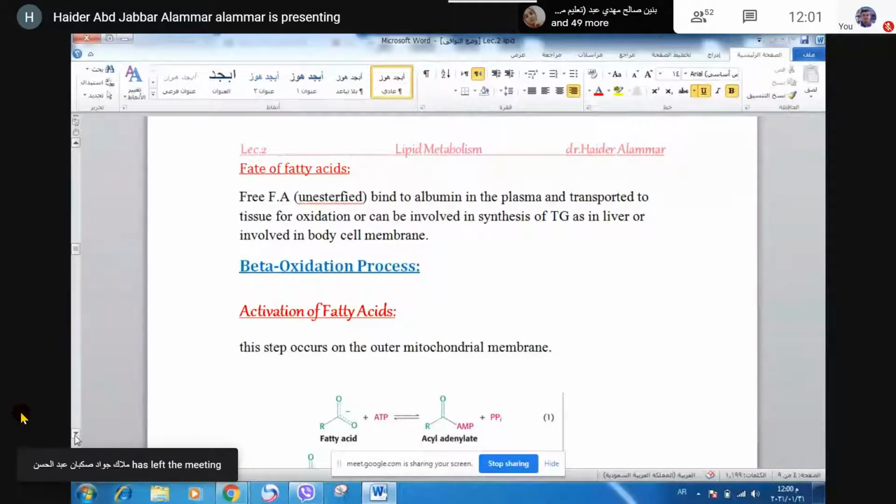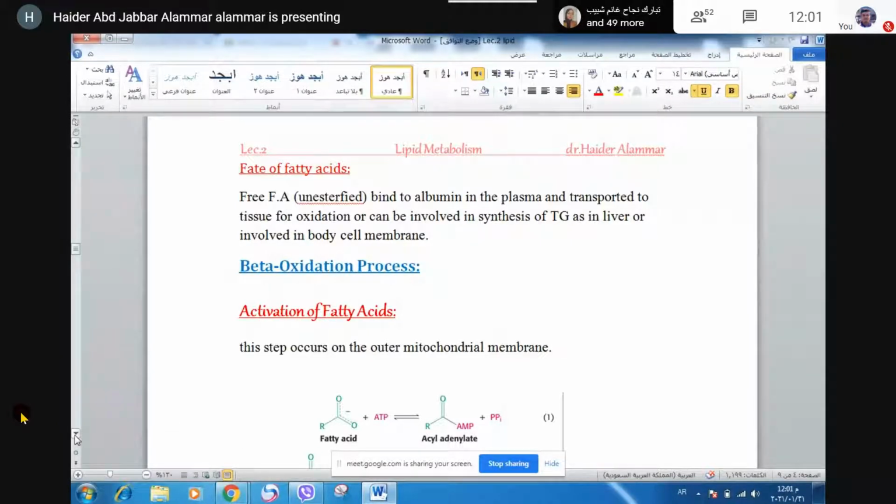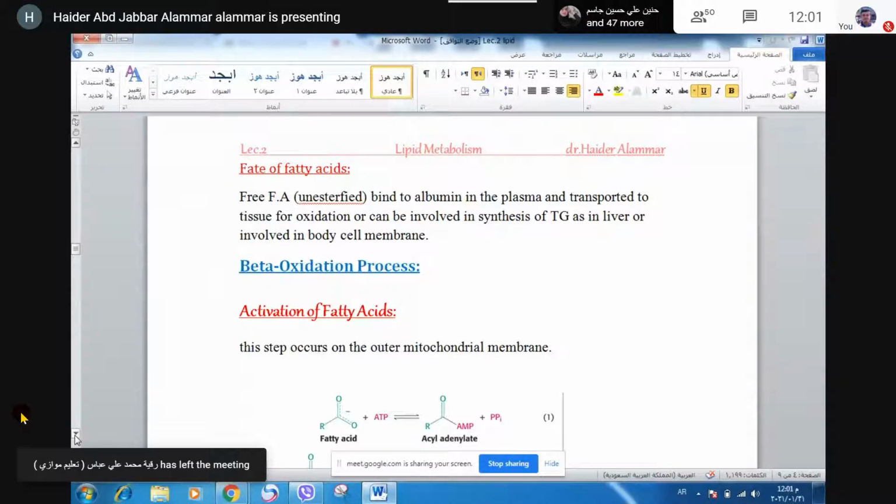Where does the free fatty acid go? What is the fate of the free fatty acid, also called non-esterified fatty acid? As we said, it's a lipid and doesn't dissolve in water, so it will bind to albumin in the plasma and be transported to our body tissues for oxidation, or can be involved in the synthesis of triglyceride as in the liver, or involved in the body cell membrane.